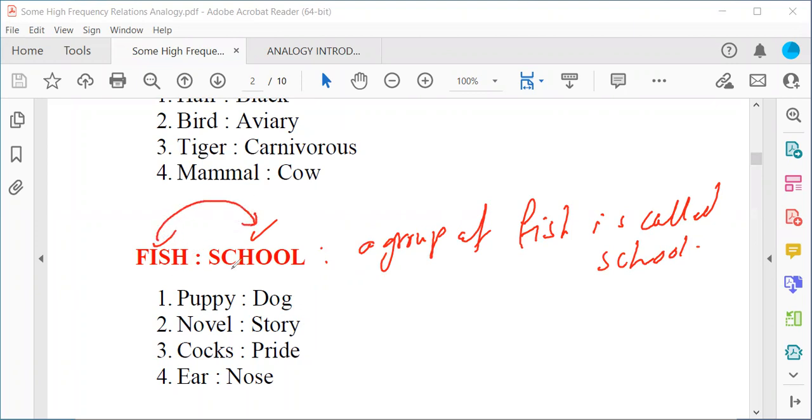A group of puppies is called dog? No, doesn't make sense. A group of novels is called story? No. A group of lions is called the pride? Of course, yes, it makes sense. A group of ears is called nose? No. So the answer here is the third choice.